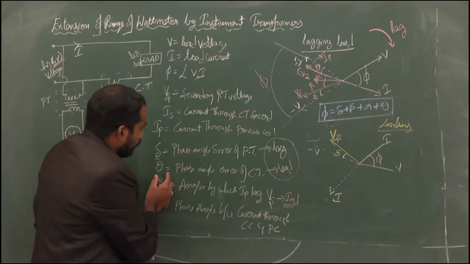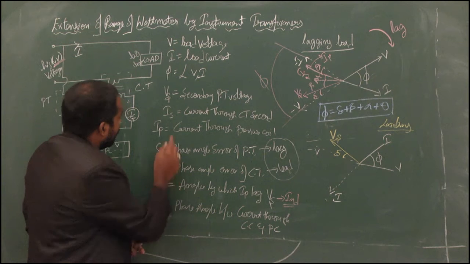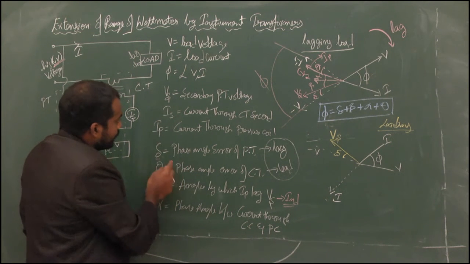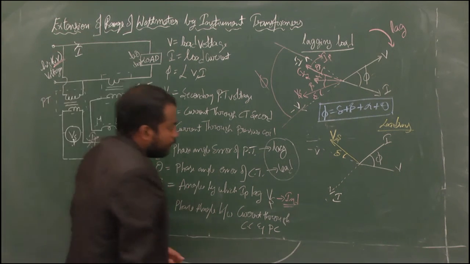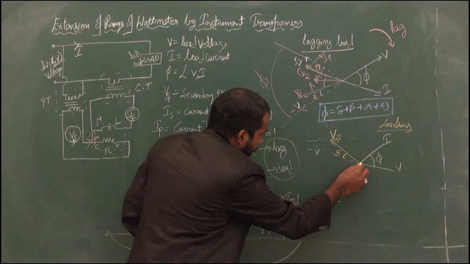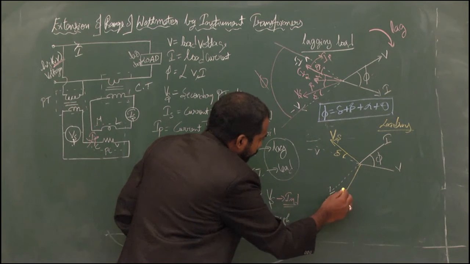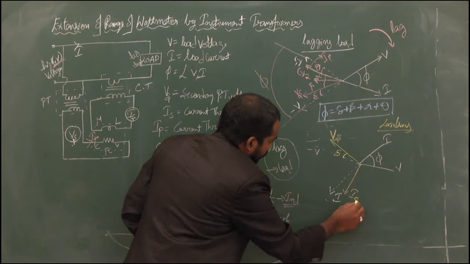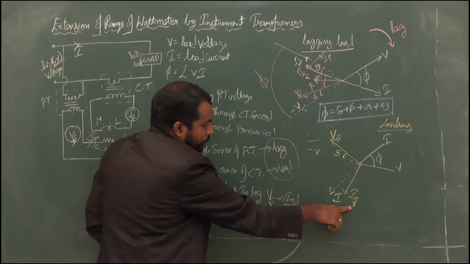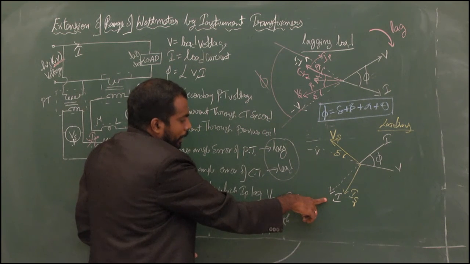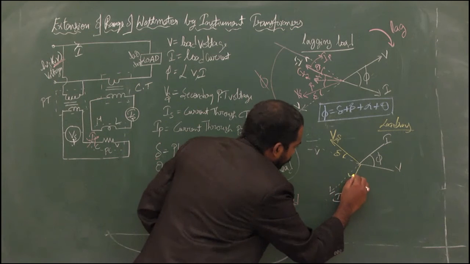Now what is going on? The secondary current in your CT, which is Is, is leading by an angle of theta. That means this is Is, where Is is leading I. That means the current through secondary is leading the current in load by an angle of theta, right?